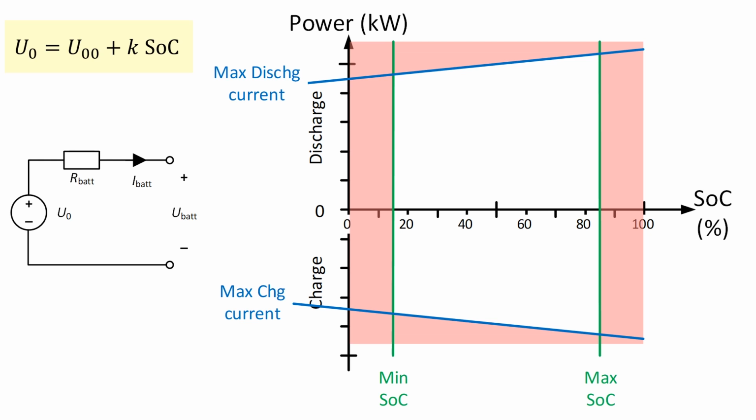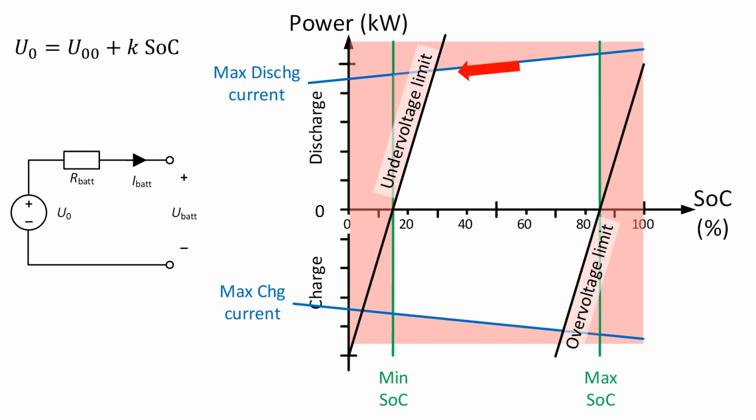To avoid high stress in the battery cell, the terminal voltage should neither be too high nor too low. As the battery is discharged, the open circuit voltage will drop. At a maximum discharge current, the terminal voltage will reach the lower voltage limit at about 25 to 30% state of charge for this battery.